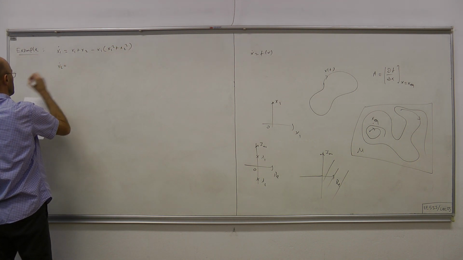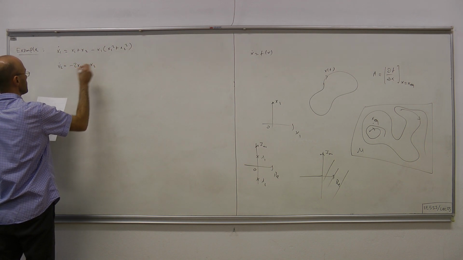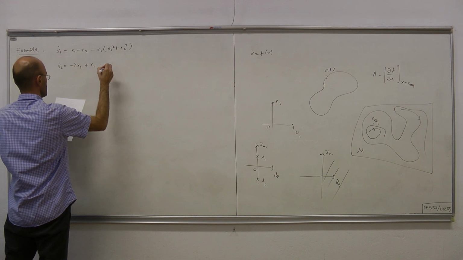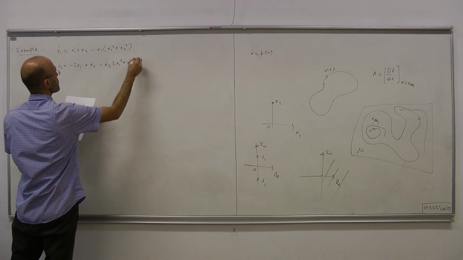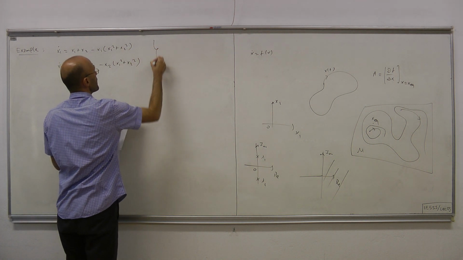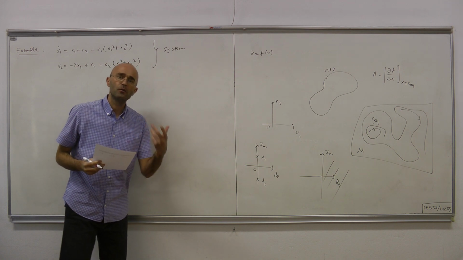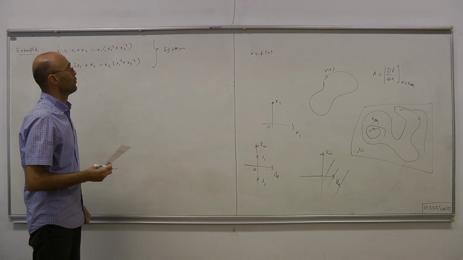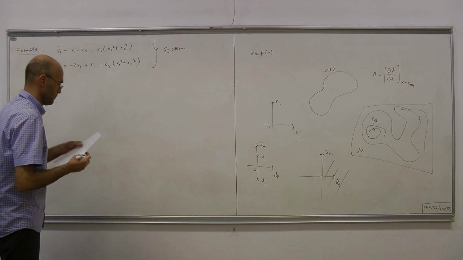And x2 dot equals minus 2 x1 plus x2 minus x2 times (x1 squared plus x2 squared). This is our system, for which we will try to figure out whether it has periodic orbits or not.